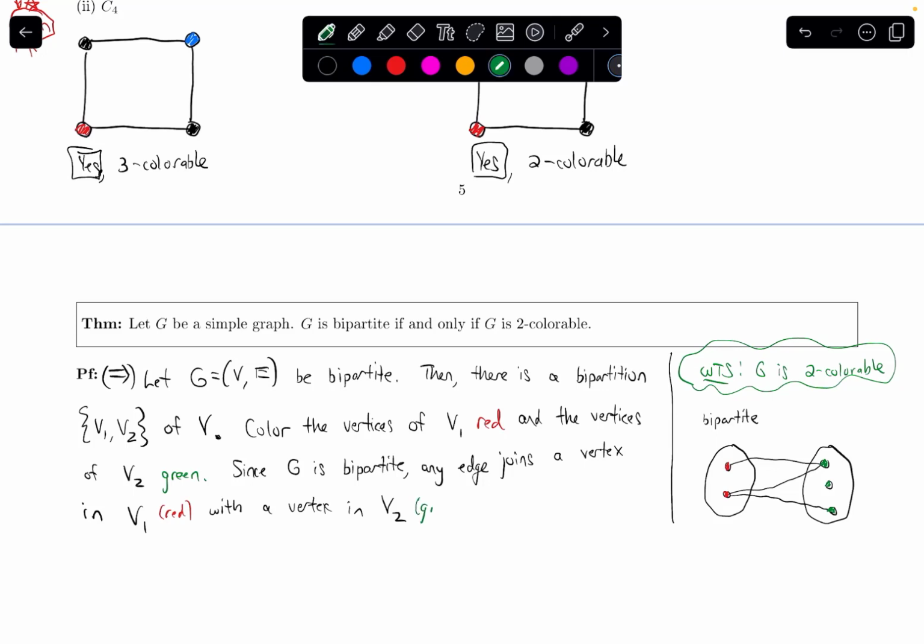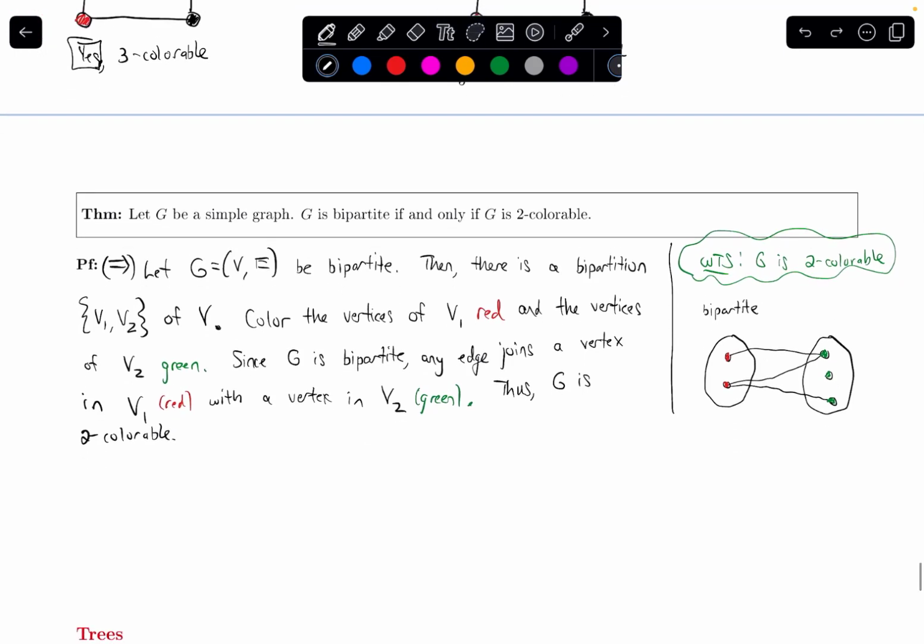So any edge that we draw is going to join a vertex in the first group and a vertex in the second group. So it'll always join a red one and a green one. But that's exactly what it means for the graph to be two colorable. So I can say thus, G is indeed two colorable. Okay, so that completes the forward direction.